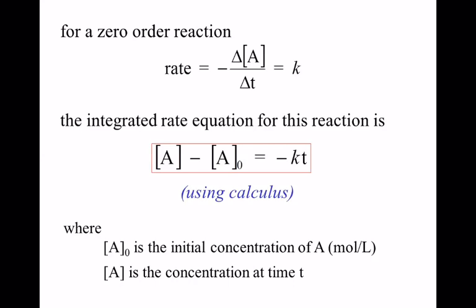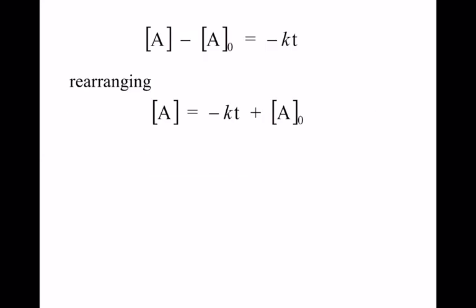Now, we're going to rearrange that for something that we can plot. We basically move the A0, which is the initial molar concentration of A, over to the right-hand side. Now, the molar concentration of A at any time t has this relationship.